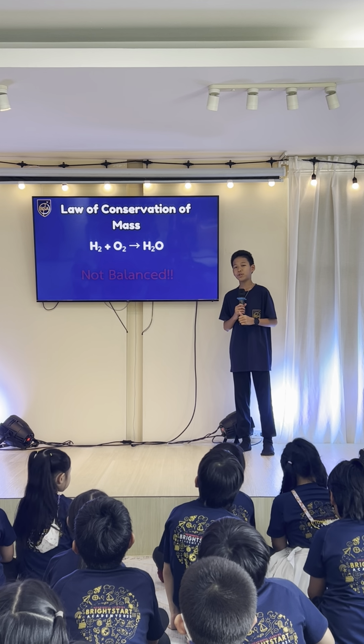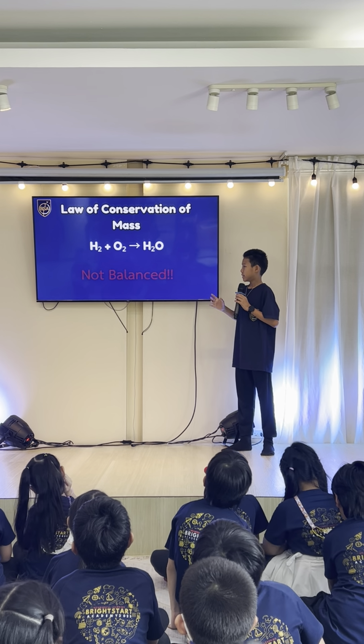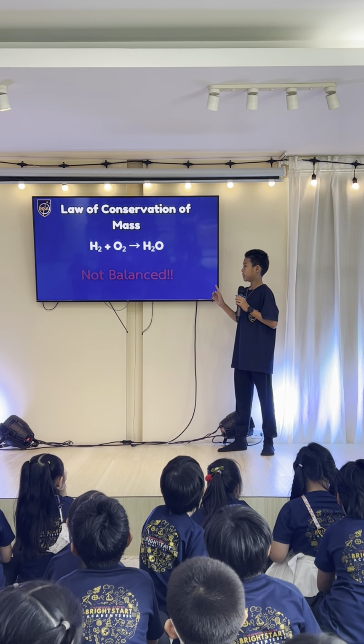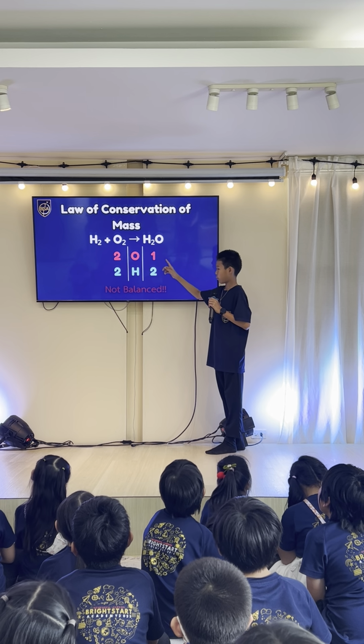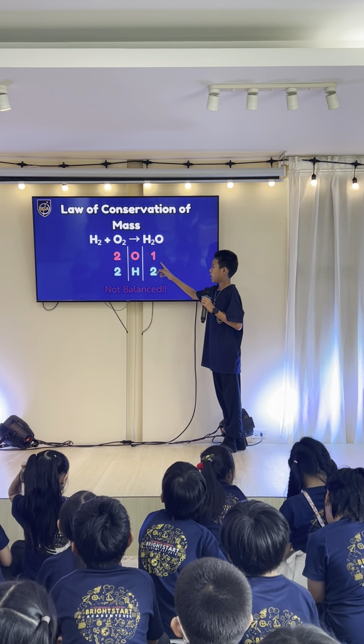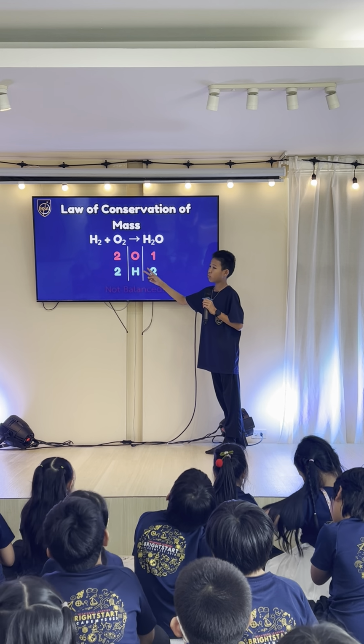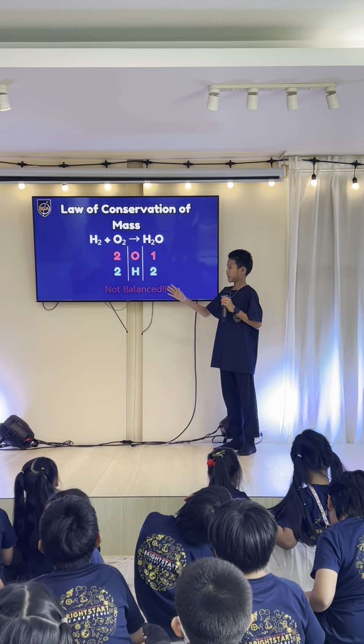Now back to the equation I paused earlier. It is not balanced because we only have 1 atom of oxygen on the product side, but 2 on the reactant side.